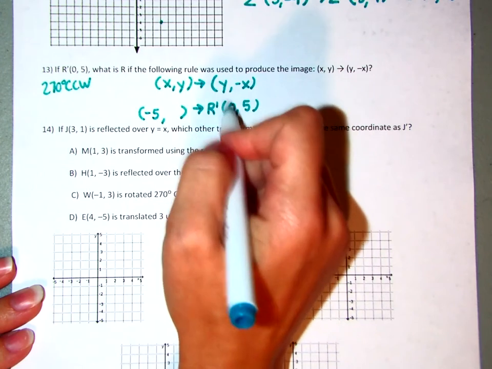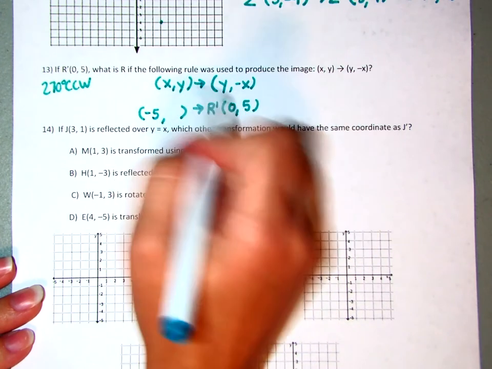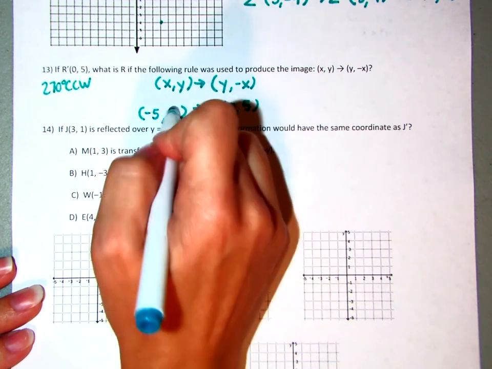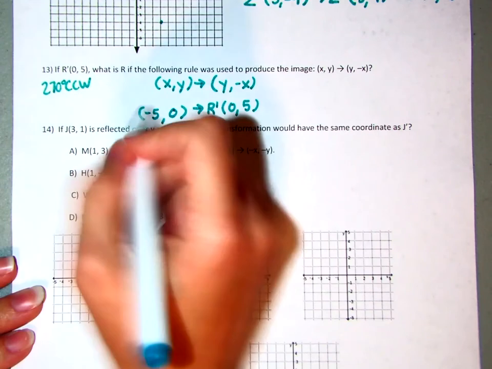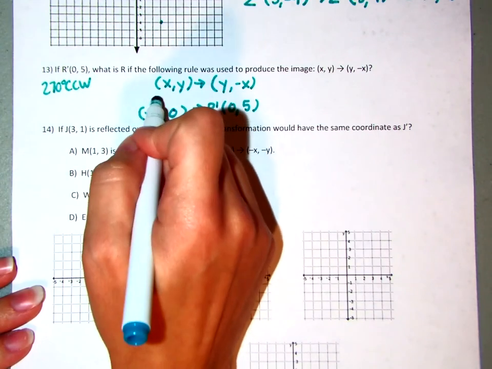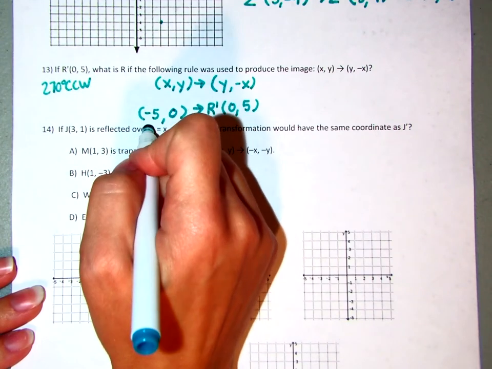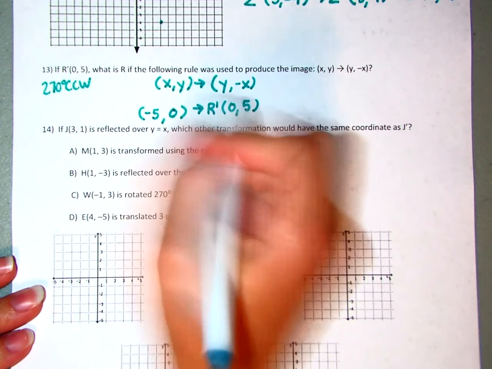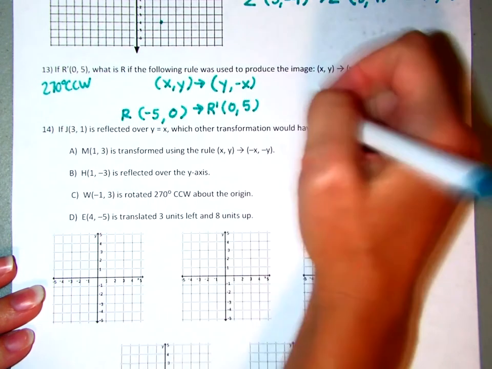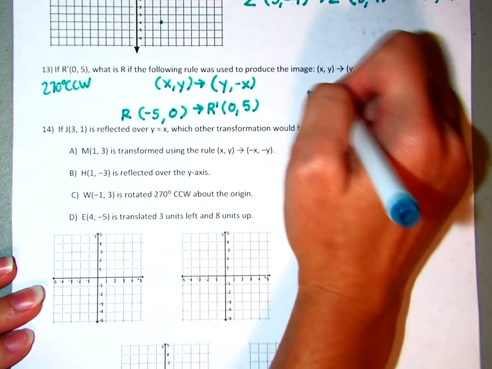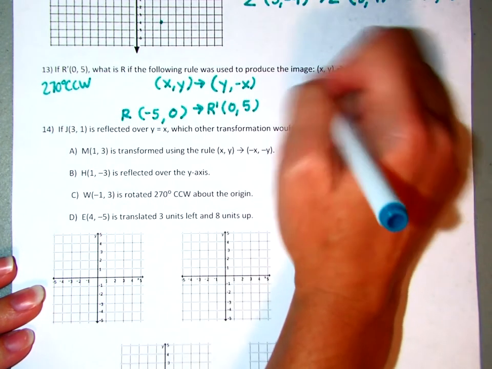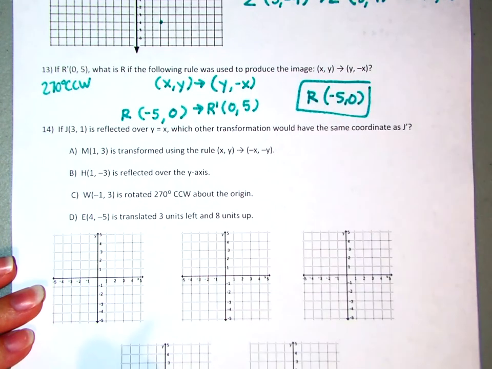And then that y right there, remember that y switched positions, so this is really my y, it's going here. Now let's double check this. If we do a 270-degree rotation, we're going to do the opposite of this x, which is 5, and then we're going to switch it, which is (0, 5). So my pre-image coordinate is going to be at (-5, 0) before we actually put it into this rule.